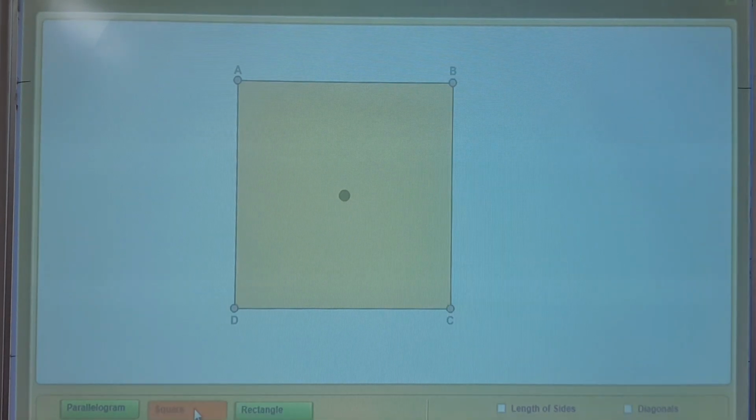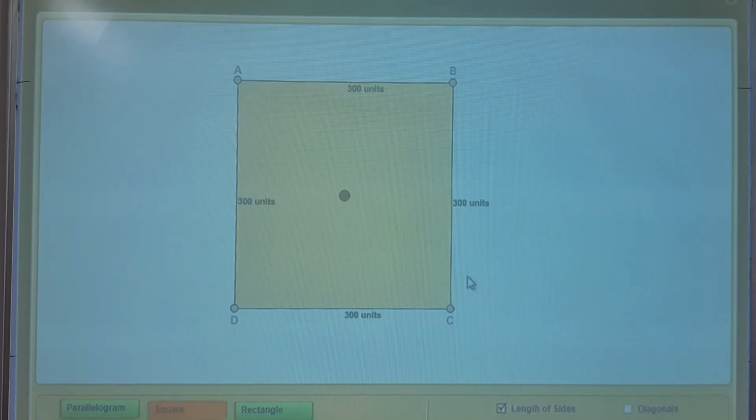Okay. Next we can take a square. What is the specialty of this square? The sides are equal, right? All the sides are equal. And opposite sides are parallel. These AB and CD are opposite sides, right? And AD and BC are also opposite sides.